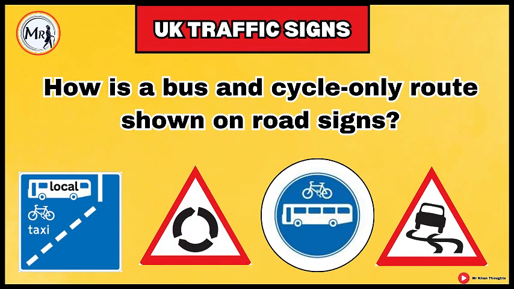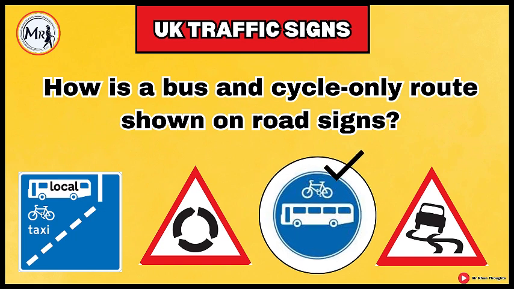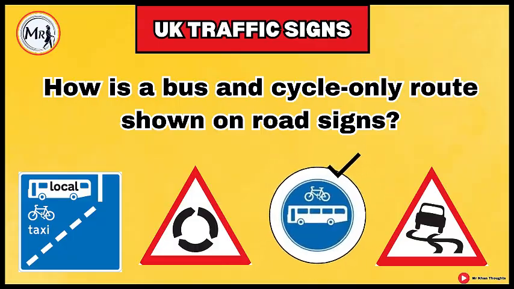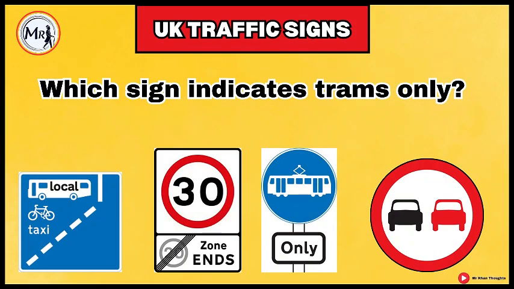How is a bus and cycle-only route shown on road signs? Which sign indicates trams only?